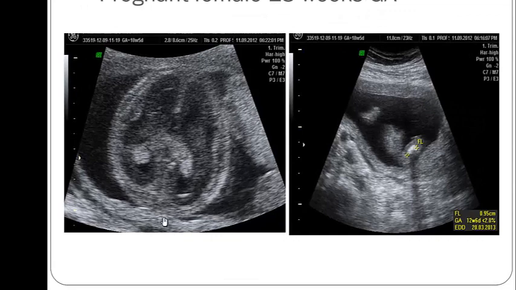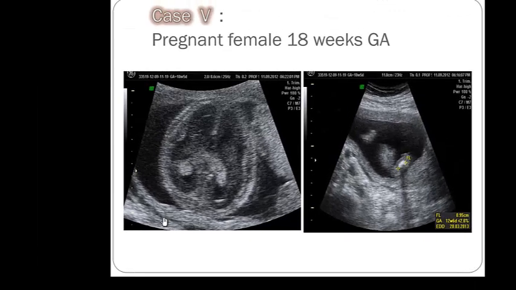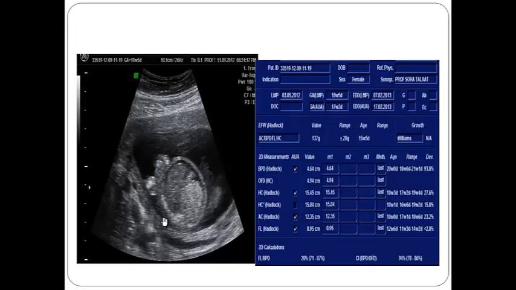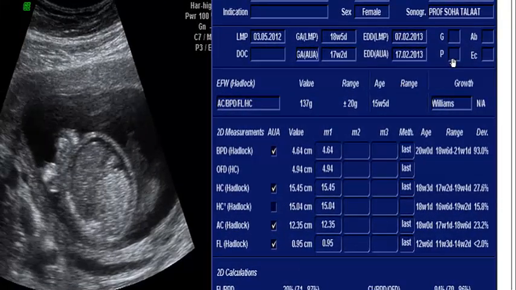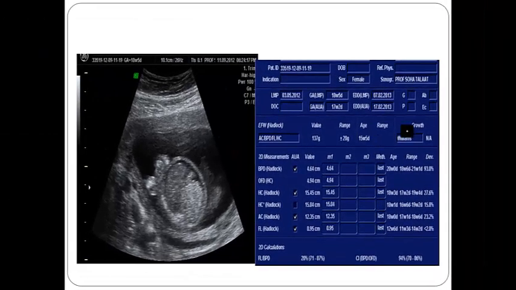So she's a poor fetus. There was ascites also. But the hallmark of the exam is that we have a short femur below the second percentile, while the other measures are within normal. So this is the hallmark of cases of dysplasia.